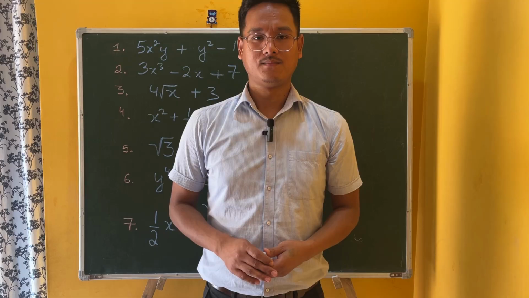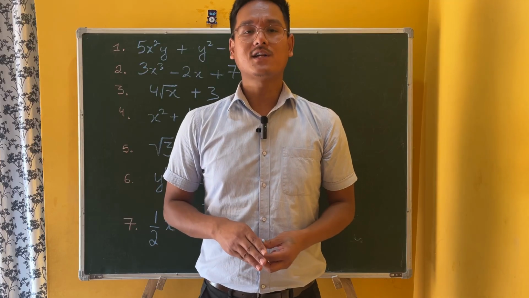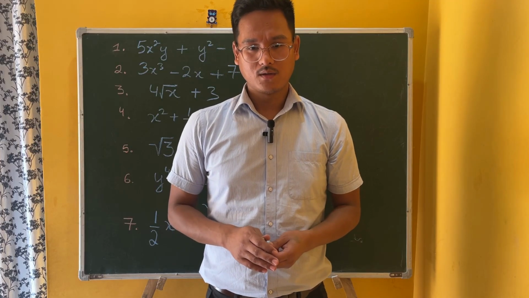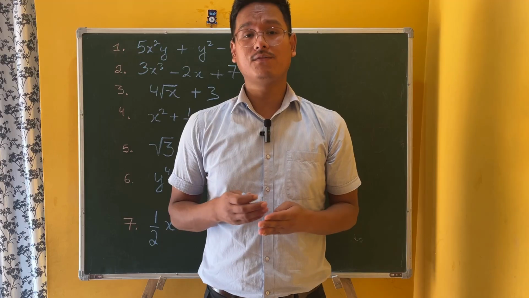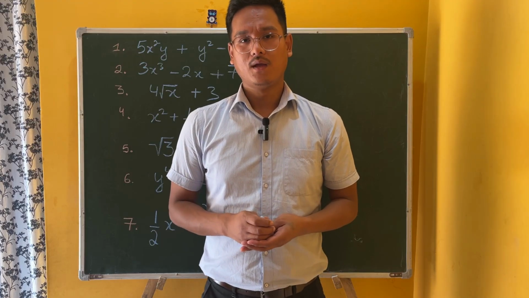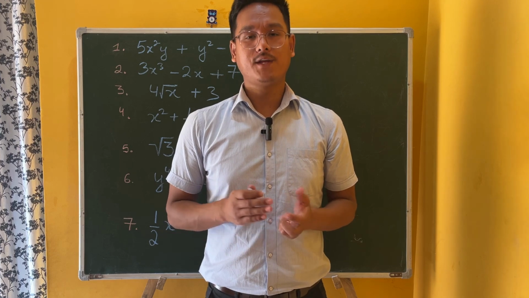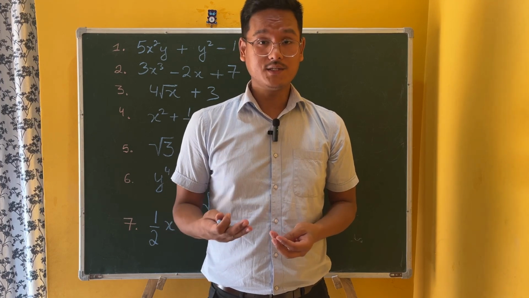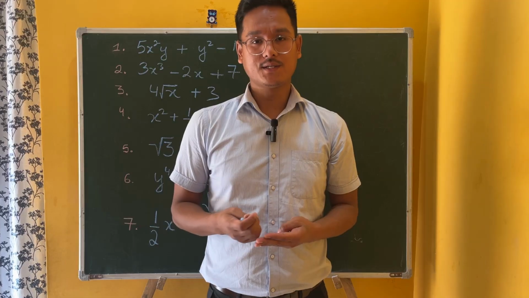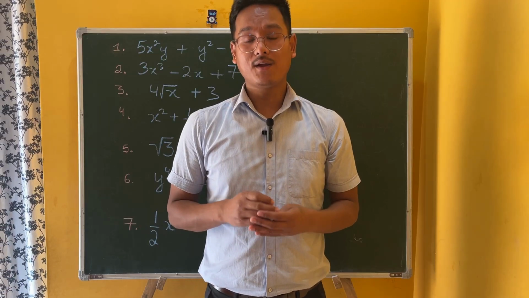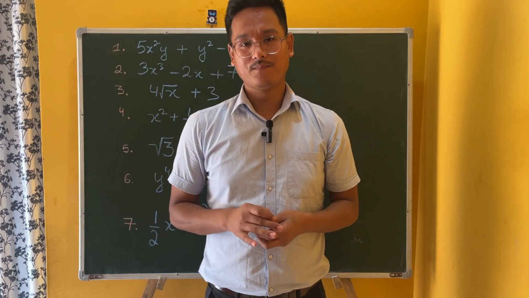Let's dive in. To begin with, let's start with polynomials. The simple definition of a polynomial is that it is an algebraic expression made up of variables, constants, and coefficients connected by a plus or a minus sign.